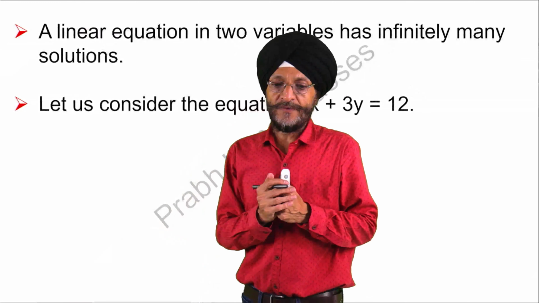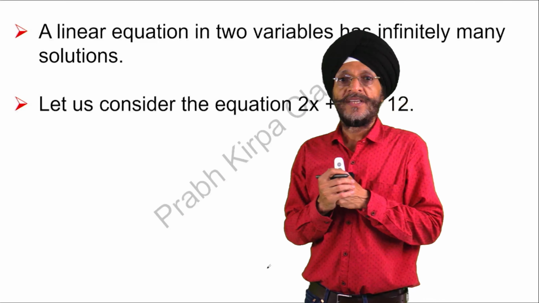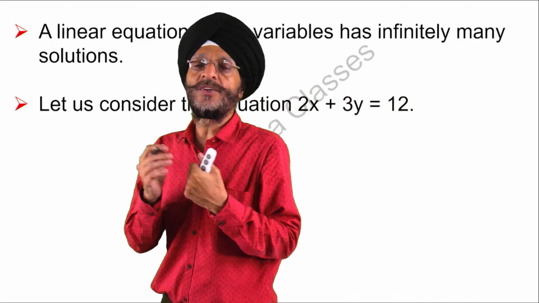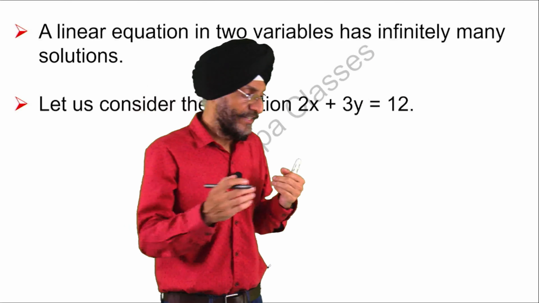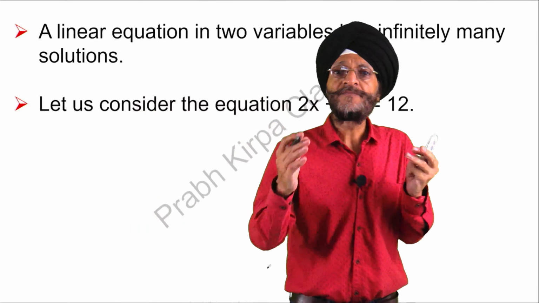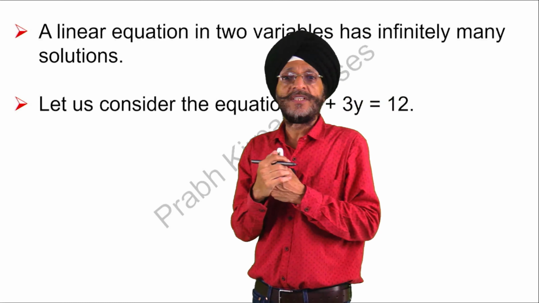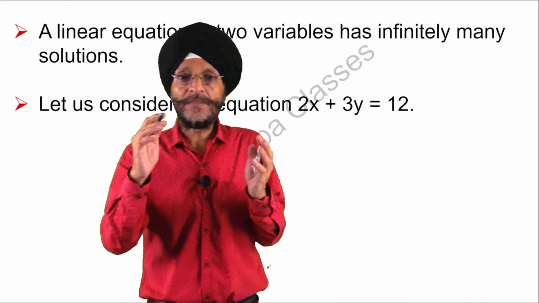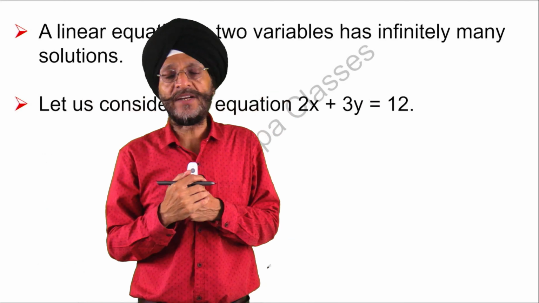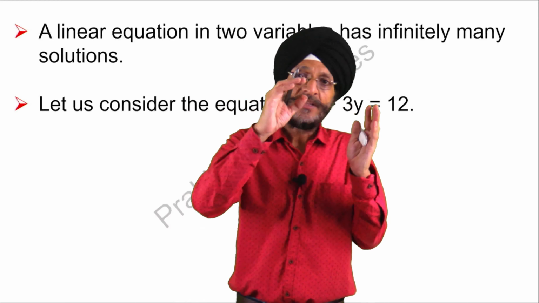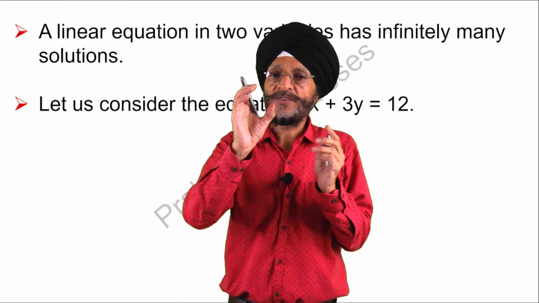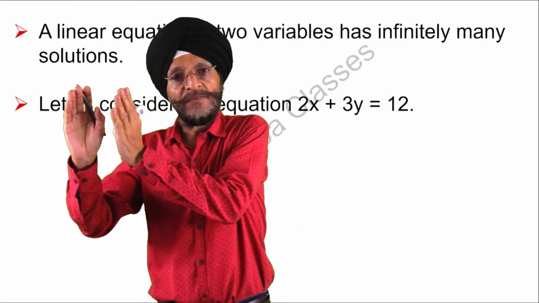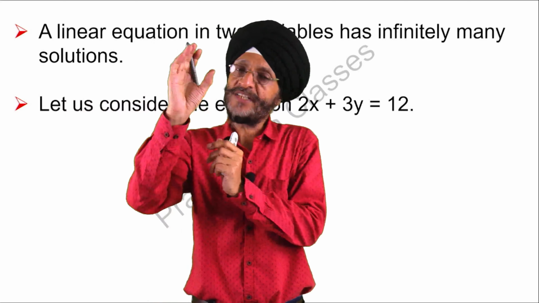A linear equation in two variables has infinitely many solutions, as already discussed in our earlier course. In linear equations in one variable, we had discussed that there is only one solution when the linear equation has only one variable.